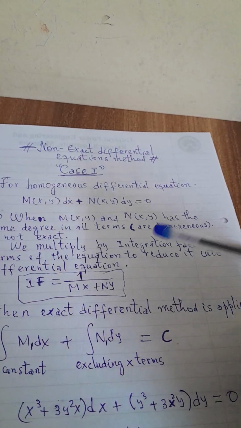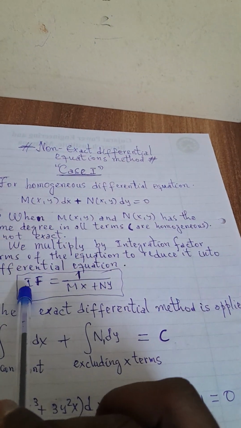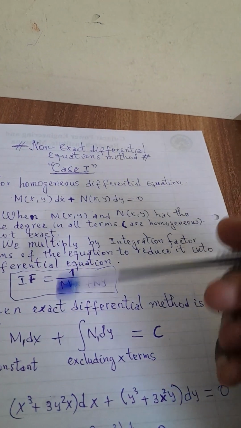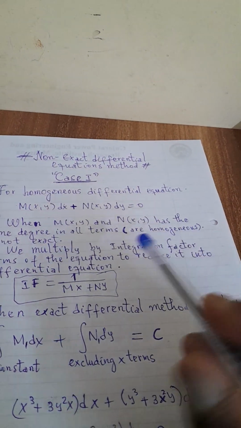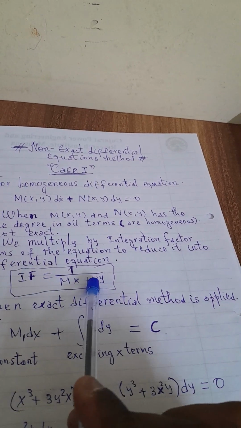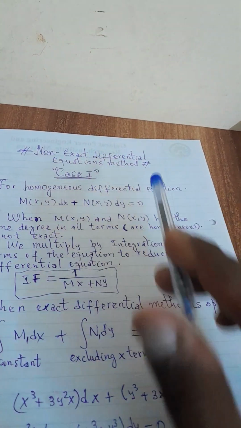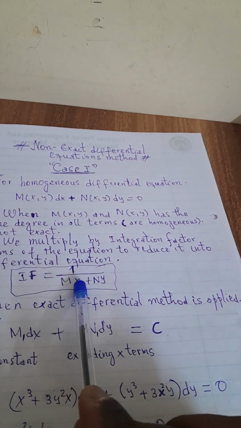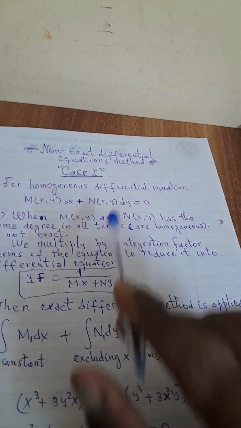For homogeneous functions that are not exact, we multiply by this integrating factor: the integrating factor is 1 over (Mx plus Ny). We know what M is and we know what N is.